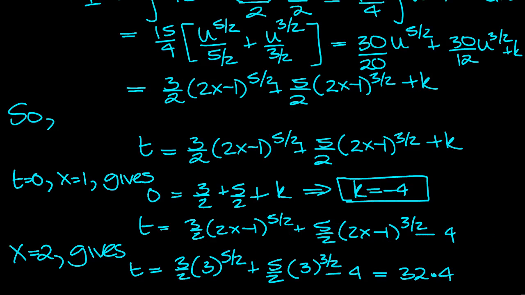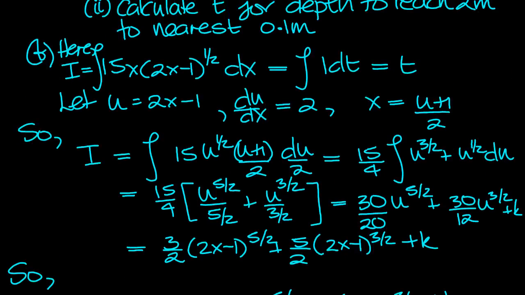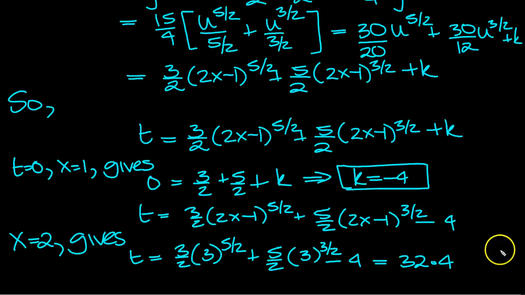Nearest 0.1 something, wasn't it? 0.1 second probably. The time, isn't it? Minutes. That's mins. 0.1 minutes. 32.4 mins.